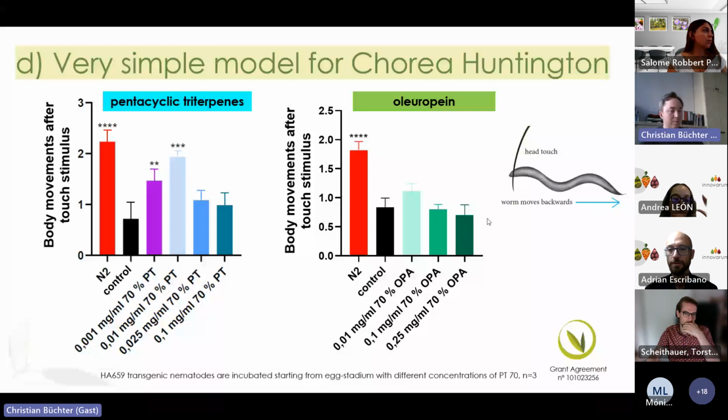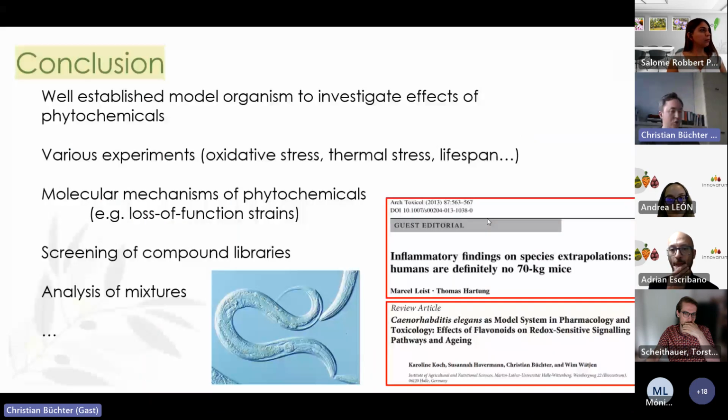And with this, I want to conclude very briefly that we are using a well-established model organism to investigate the effects of phytochemicals. We use a variety of experiments to investigate the modulation of oxidative or thermal stress.